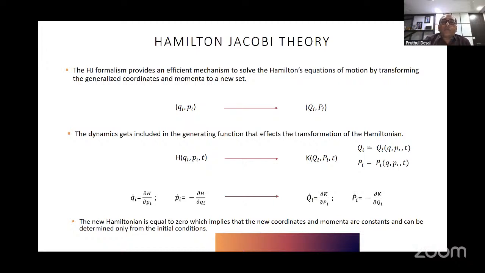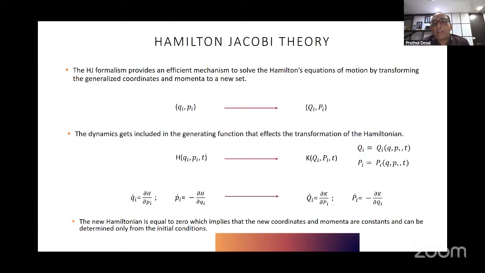So if you transform your generalized coordinates from the old set to the new set, then your old Hamiltonian will get transformed to a new Hamiltonian, and the relationships connecting them are the ones shown on the screen. The important thing is these transformations are such that the new Hamiltonian K is equal to 0.